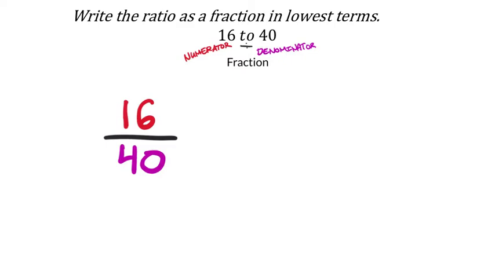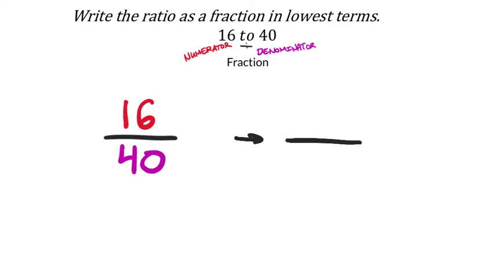Now, if this were not simplifiable, then I'd be pretty good at this point. But I know that it can be simplified because 16 and 40 are both even. Not only are they even, so they're divisible by 2, but I know that they're multiples of 4 as well. But if you continue to think about this, you know that they're actually divisible by 8. So I can find a new fraction here.